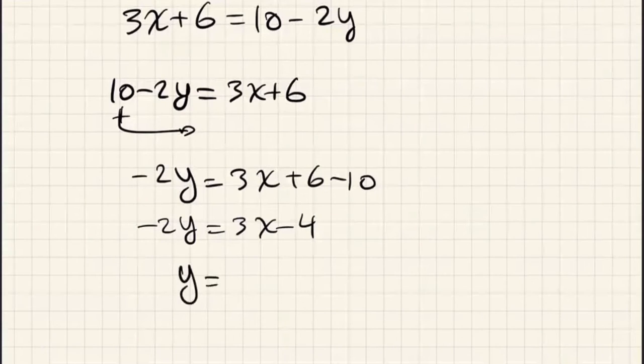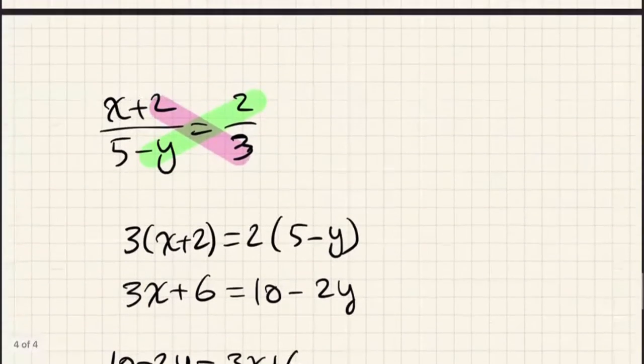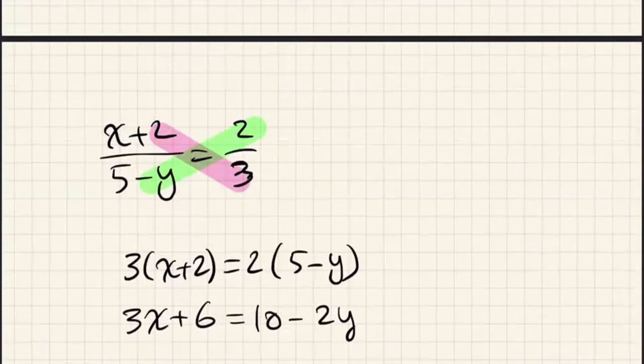So y equals negative 3 over 2 x minus 4 divided by negative 2, which means plus 2. Now I can tell very clearly that the gradient is negative 3 over 2 and the y-intercept is 2. So don't panic or feel disturbed when you get the equation of a straight line in a strange way.